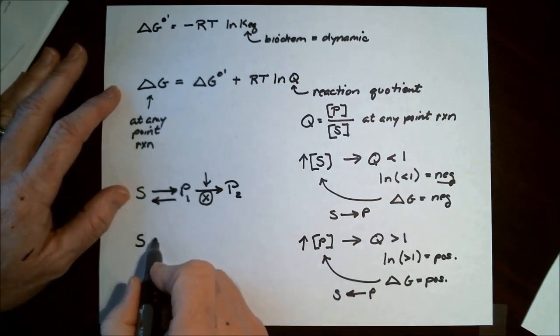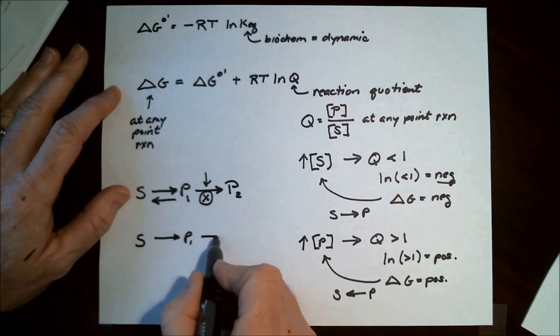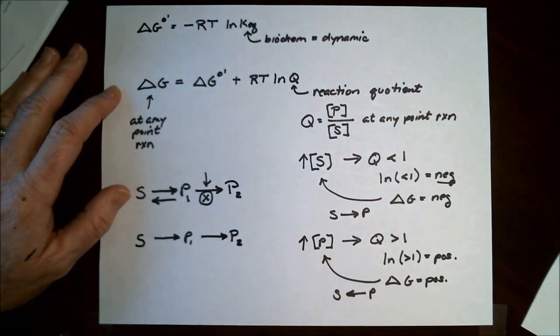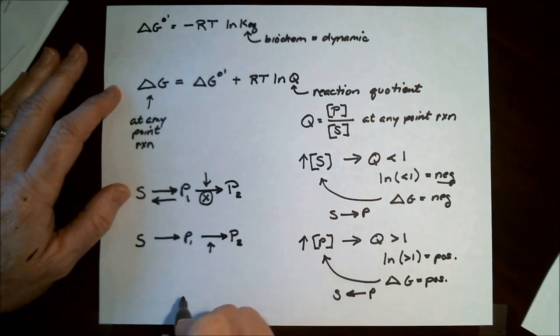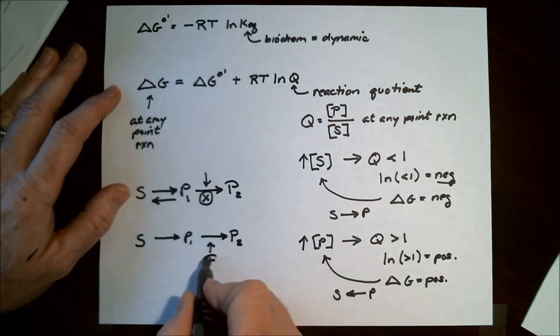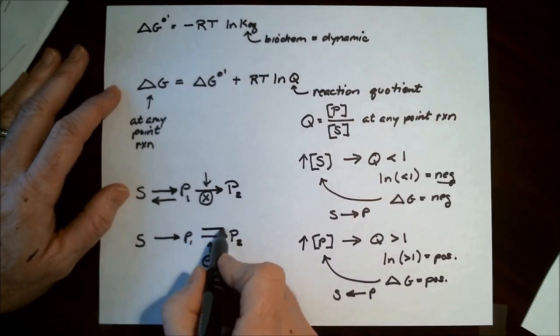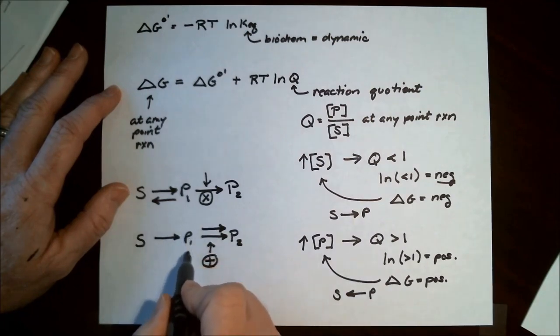Now likewise, if we have substrate to product 1, and this reaction going to product 2 in the next step of the reaction, what happens if we have this step accelerate? That will mean this reaction will increase greatly, which will decrease P1.